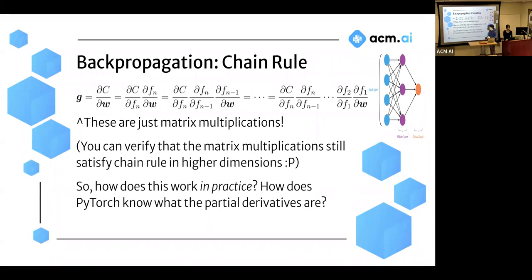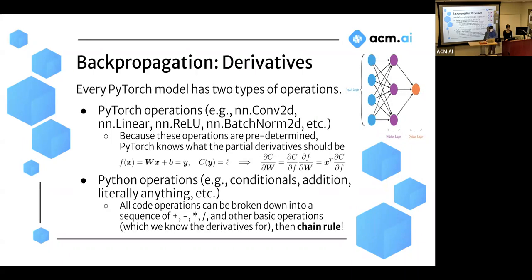So how does this work in practice, right? How does PyTorch know what the partial derivatives are? And the idea is this. Every PyTorch model has two types of operations.